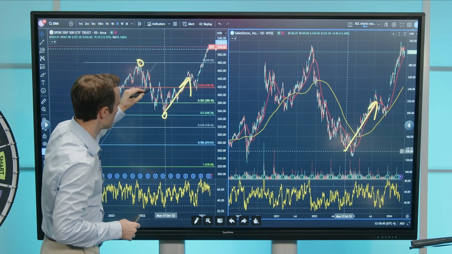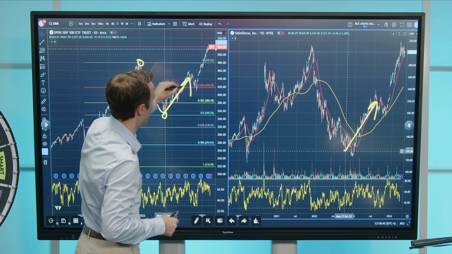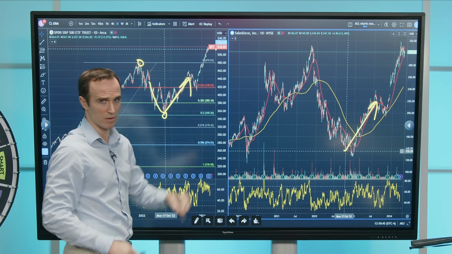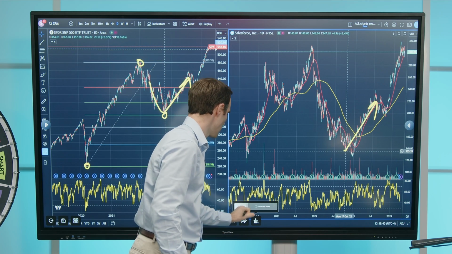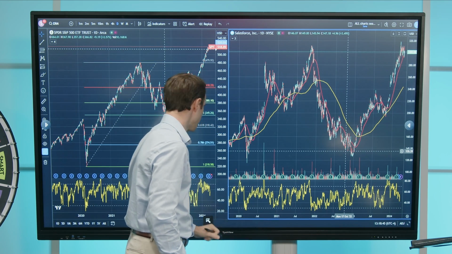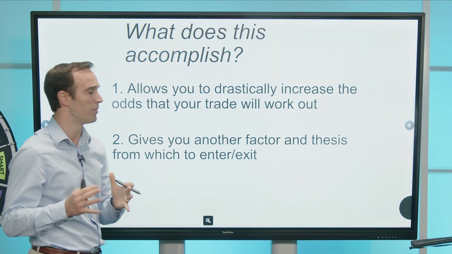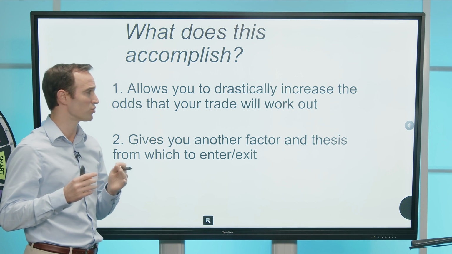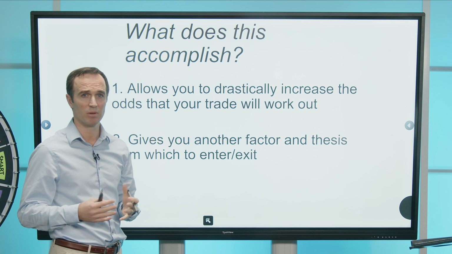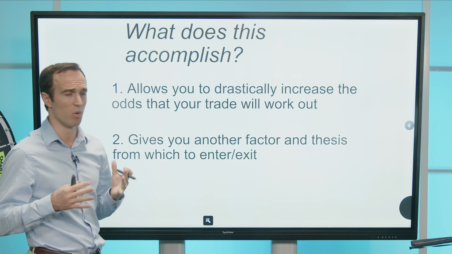So as the S&P starts to move higher, so do other equities. And that's really, really key to understand. Here are a couple things that this accomplishes, right? It allows you to drastically increase your probability of success that your trades will work out.